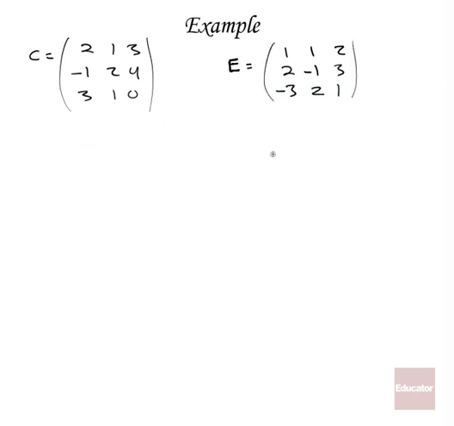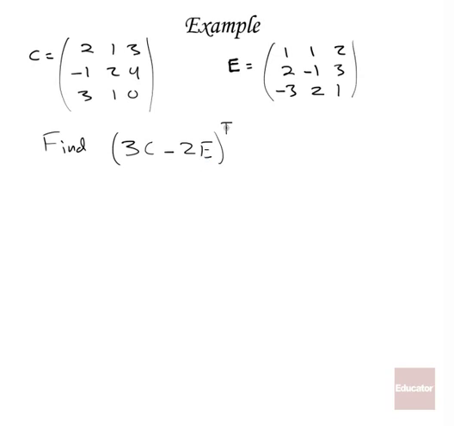We want to find 3C minus 2E transpose. Just a combination of things. We want to multiply 3 times C, we want to subtract twice E, and then we want to take the transpose of that matrix, if it's defined.